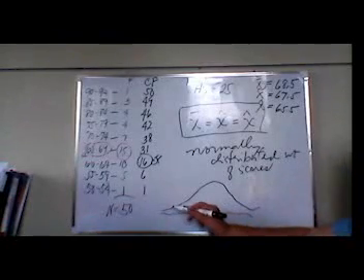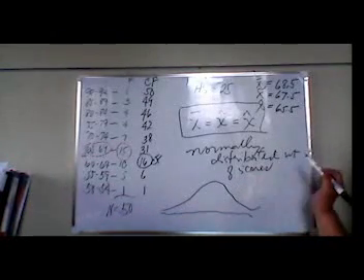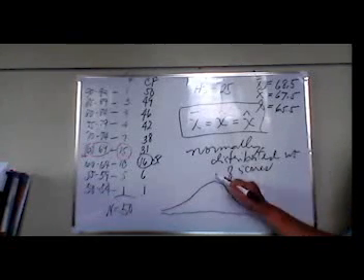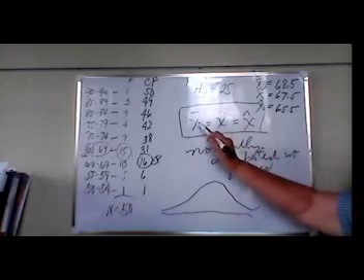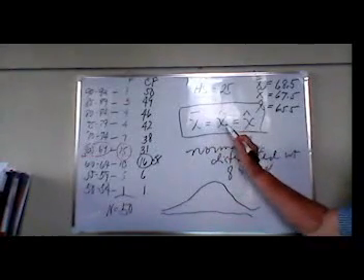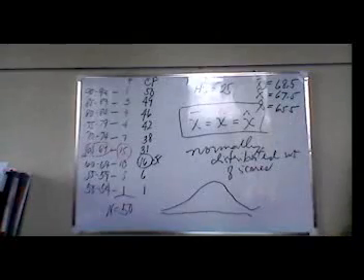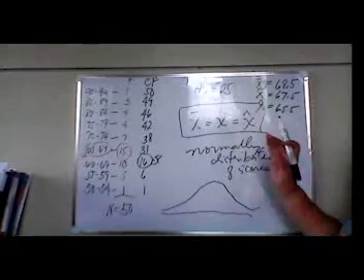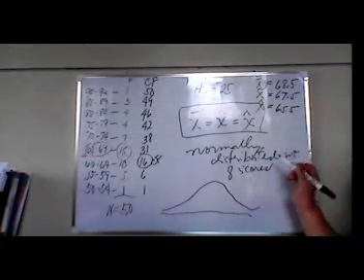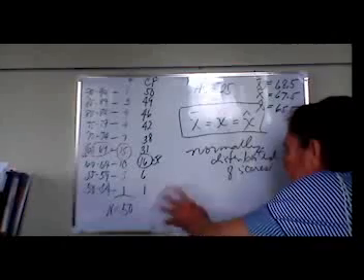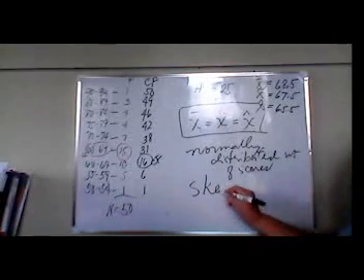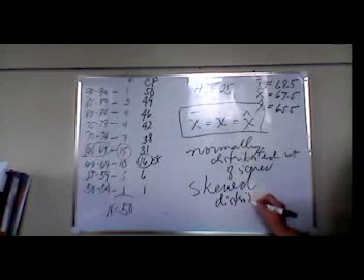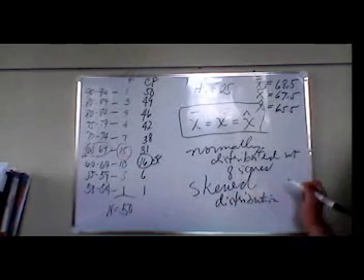Okay. We can only have this kind of frequency polygon. What do we call this? Frequency polygon. We can only have this frequency polygon if our mean is equal to the median is equal to the mode. If they are different, especially if the values are so disparate, then we have what we call skewed distribution. Palagi po itong lumalabas.